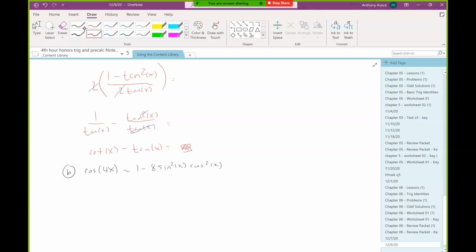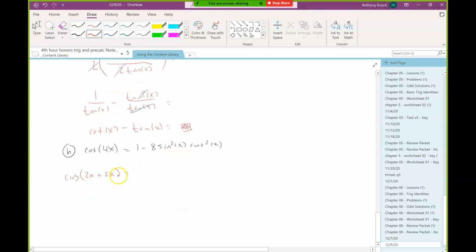So here, if we take a look, it's probably going to be easiest to work on the left-hand side there, because we see the 4x going on that we can treat a couple of different ways. You could do this as 2 double angle identities, or you could do it as an angle sum. And that's probably what I would think to do. So I would probably do this as cosine of 2x plus 2x.